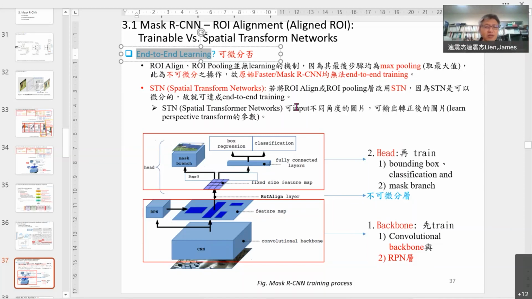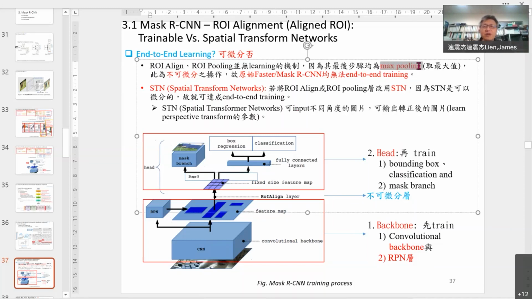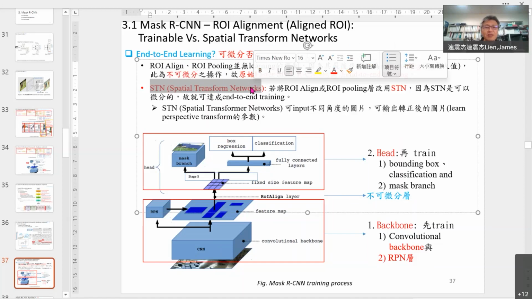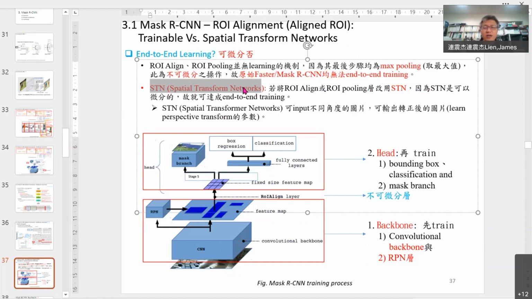That's end to end. And here it tries to tell you that max pooling cannot do the derivative. So people here use the STN, spatial transformer network, instead of max pooling, because the spatial transformer network is also a network and can do derivatives.